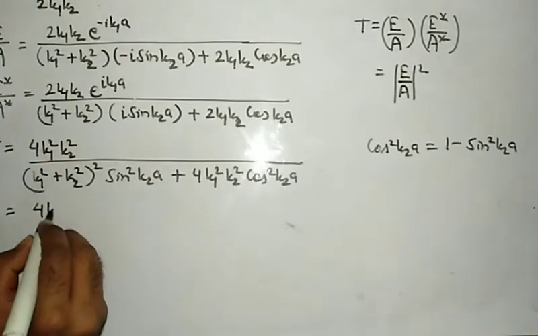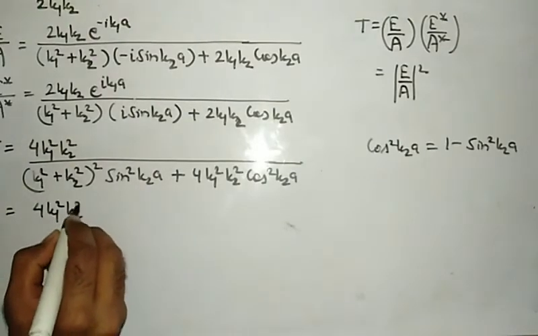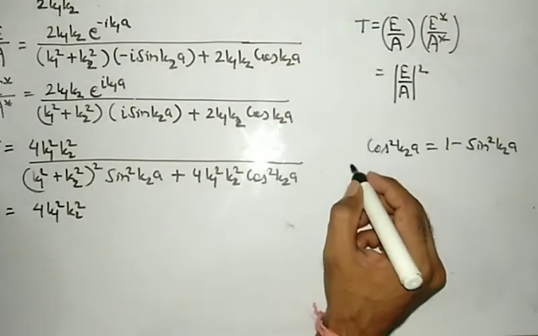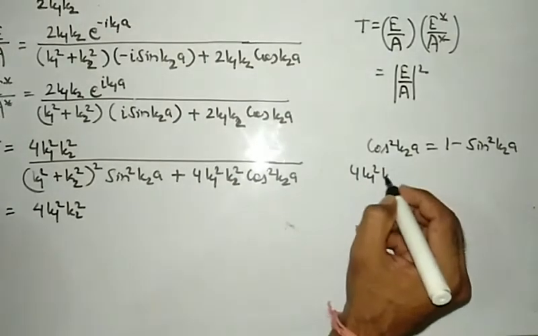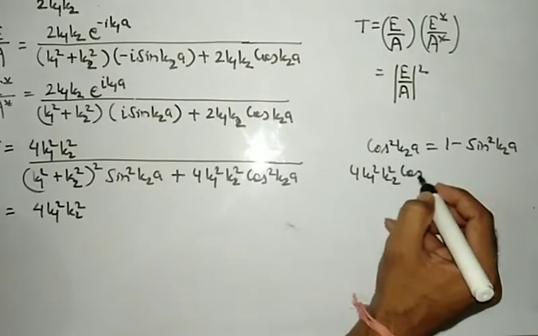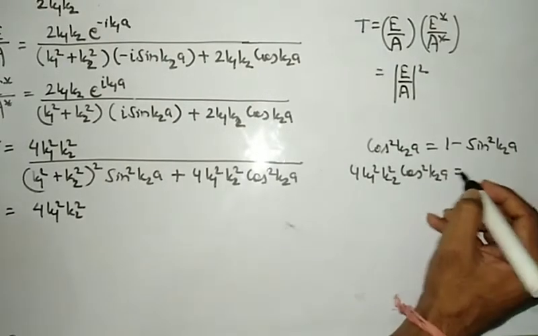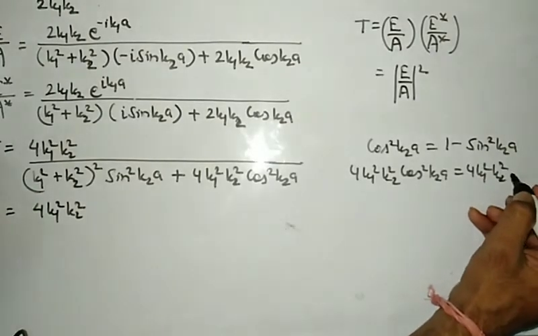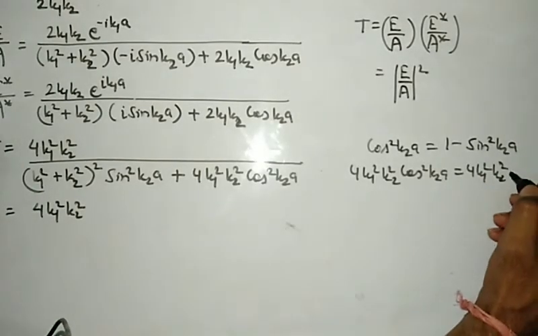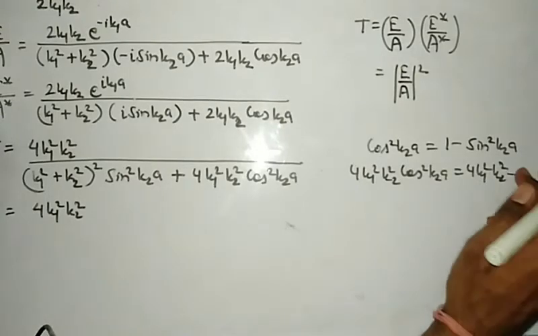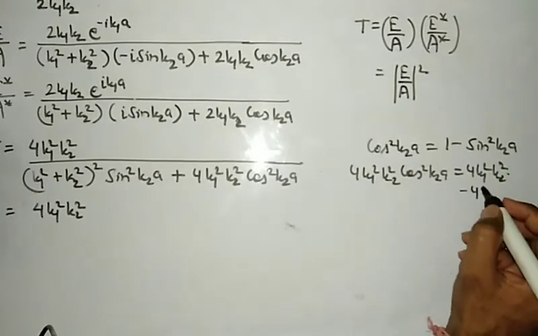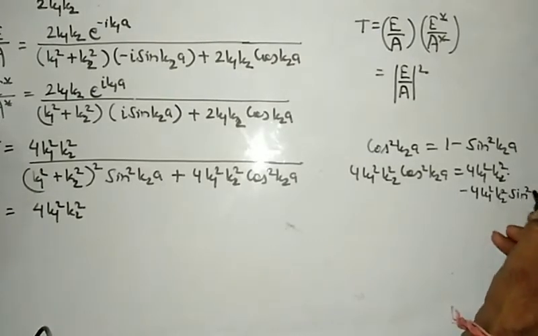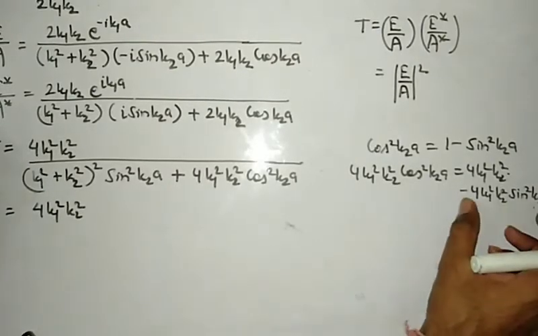Writing this, 4 k1 square k2 square, what actually happens here is 4 k1 square k2 square cos square k2a, so multiply here also 4 k1 square k2 square, and minus 4 k1 square k2 square sin square k2a.